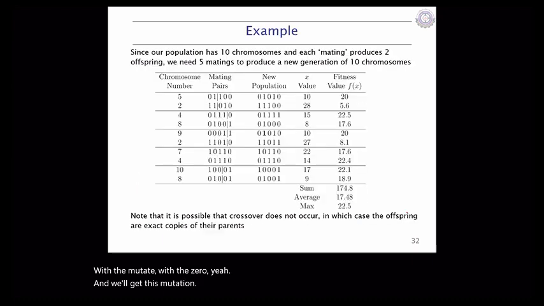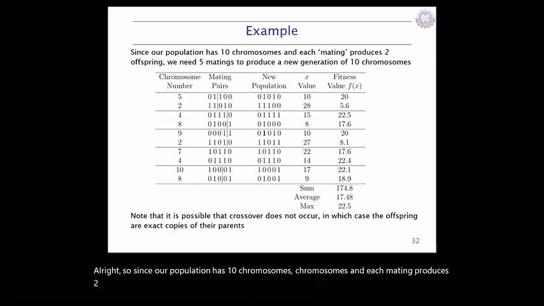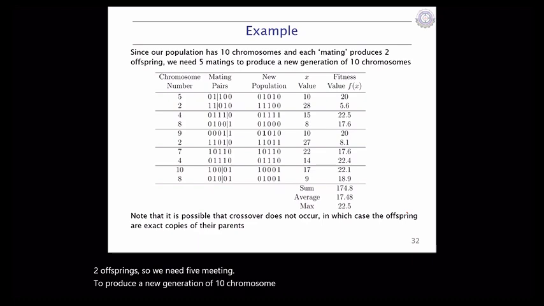All right, so since our population has 10 chromosomes and each mating produces 2 offspring, we need 5 matings to produce a new generation of 10 chromosomes, right? So these are 2 matings.